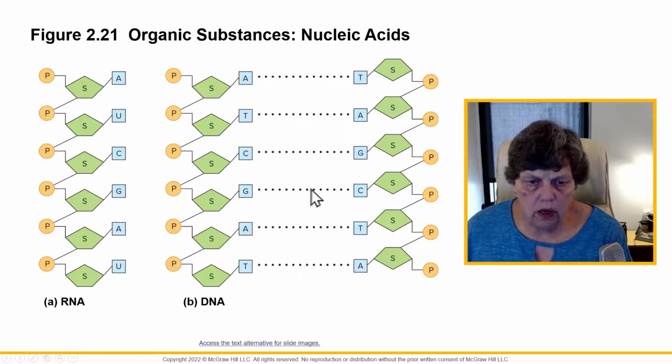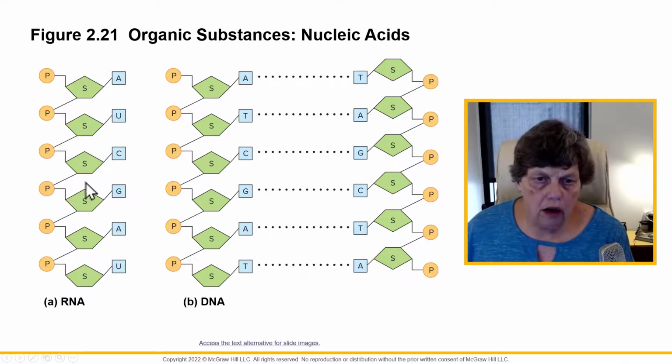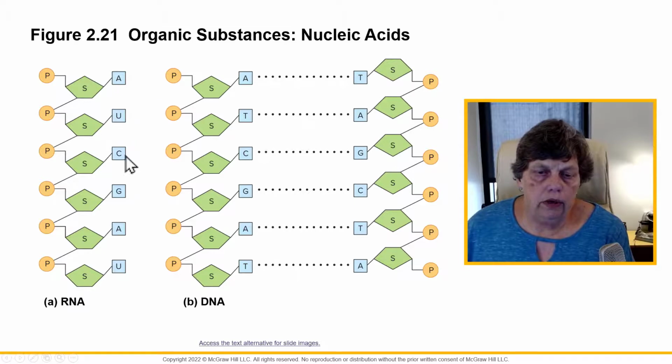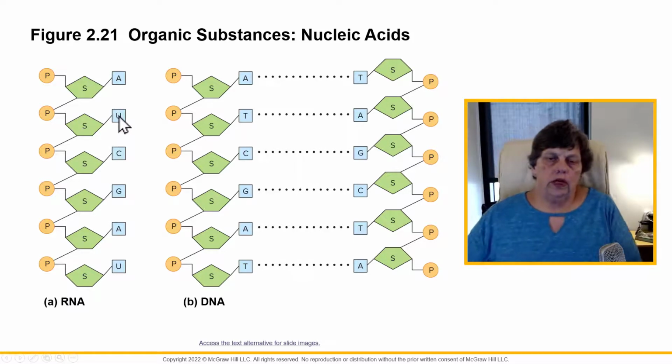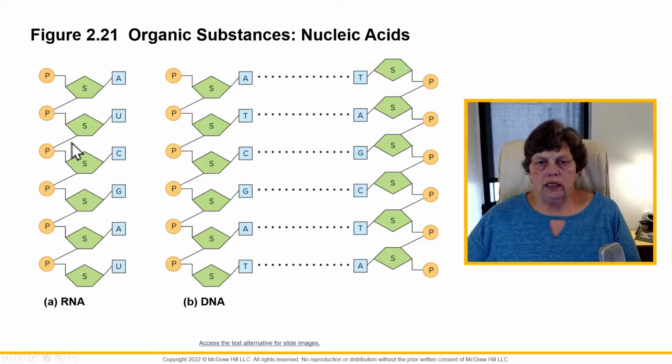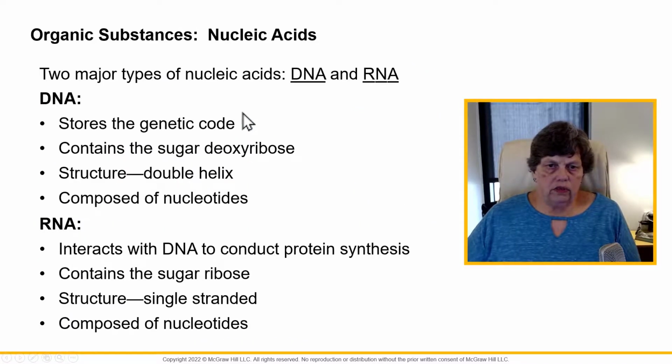That's the way it always bonds. Now, when you're talking about RNA, cytosine bonds to guanine. Well, we don't have any thymine, so adenine bonds to uracil. Uracil bonds to A. So we replace this thymine, and that's really the difference.